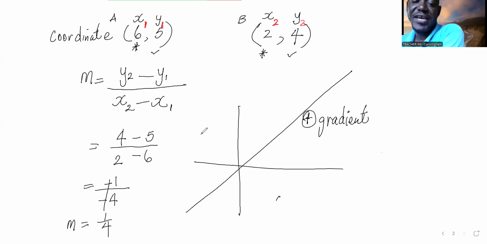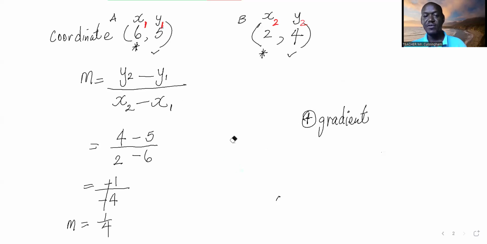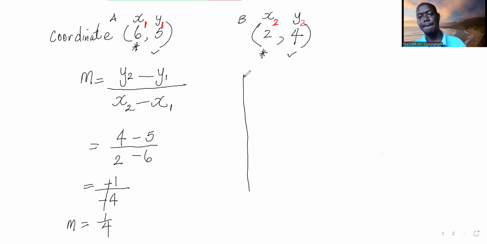Now, I can find my value for C by using the formula, and I'm going to show you that now. How can I find my value for C? We know how to find gradient using that line.